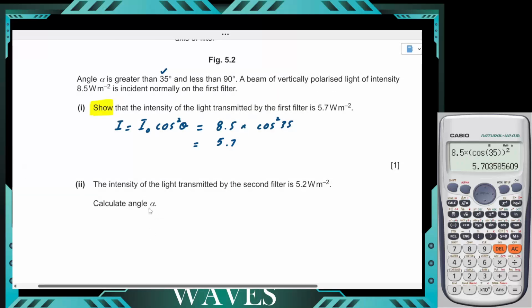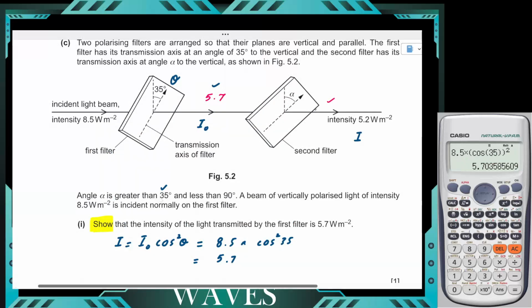So in this case you need to find the angle alpha, from the starting point, from the vertical line. If we apply the same formula for Malus's law, we'll get this new angle, let's call it theta prime, theta dash. But we need to find alpha, which would be from the starting point all the way till here.